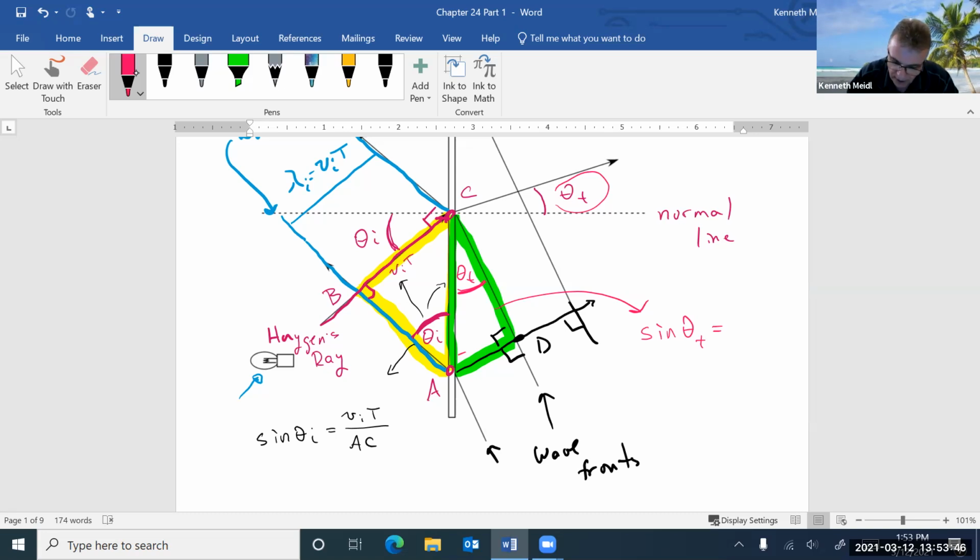Okay, very good. The sine of that angle is the opposite side, this side right there, and that's really the wavelength in the transmitted material.